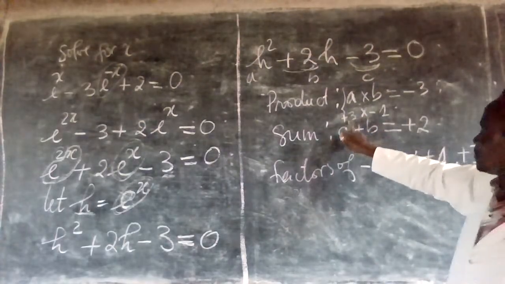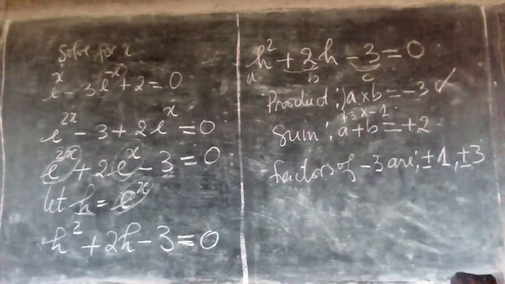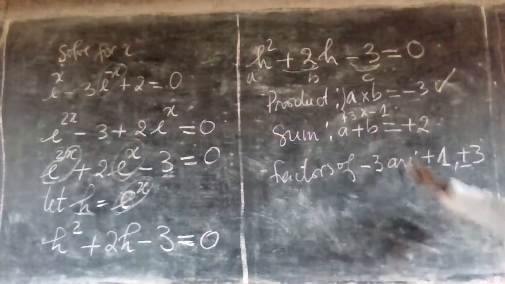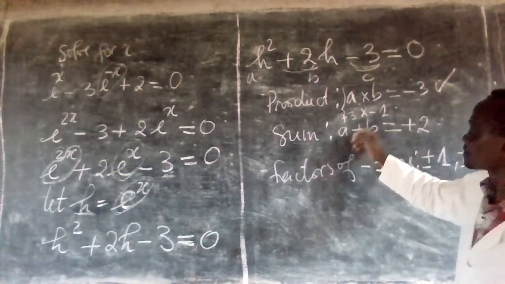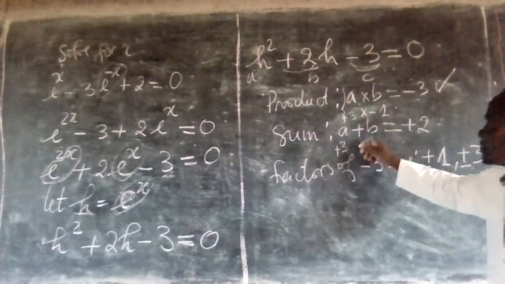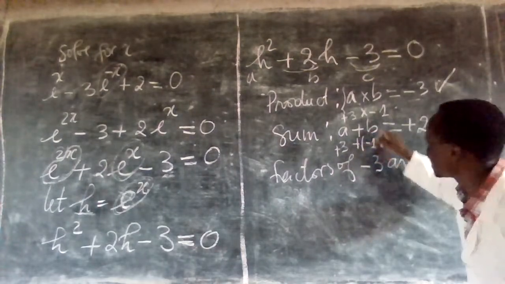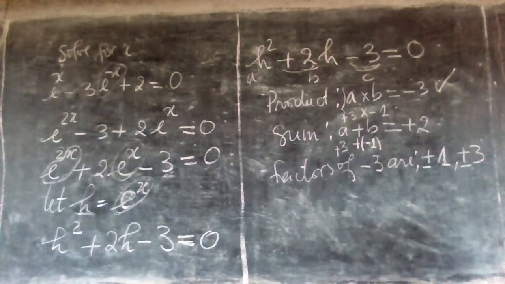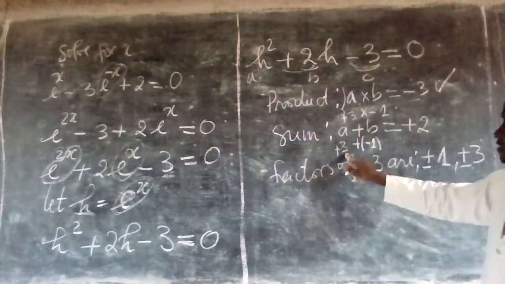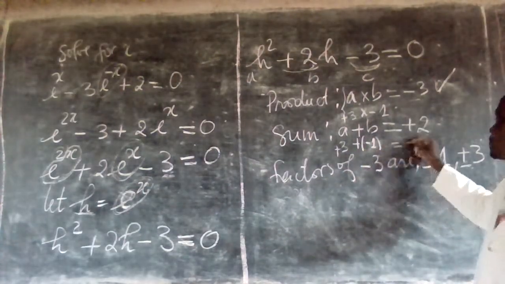When you take 3 times minus 1, it is equal to minus 3, right? Very good. Now, come down here. When you take plus 3 plus minus 1, how is the solution? It is 3 minus 1, which is equal to plus 2.